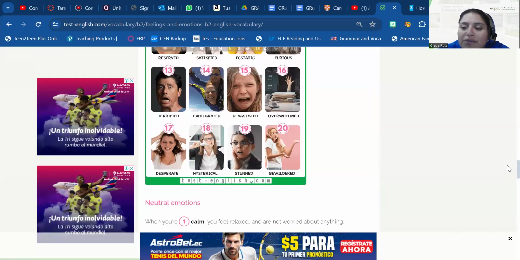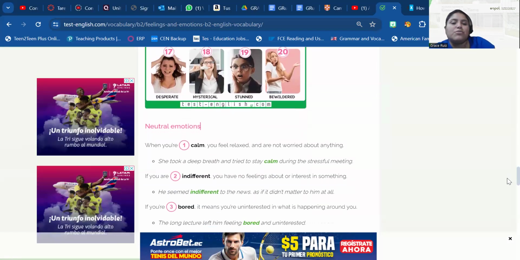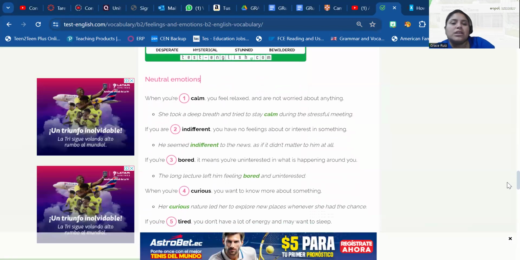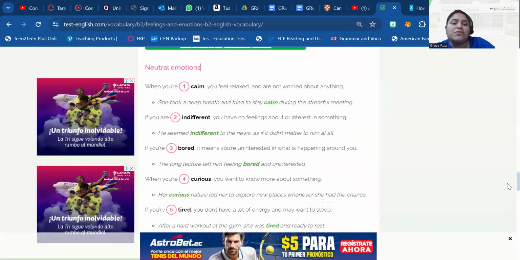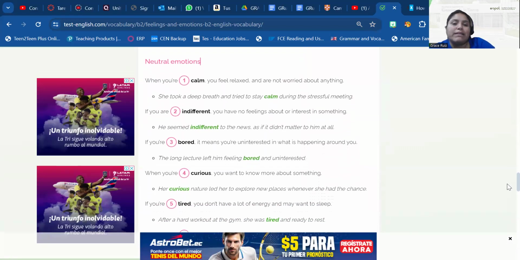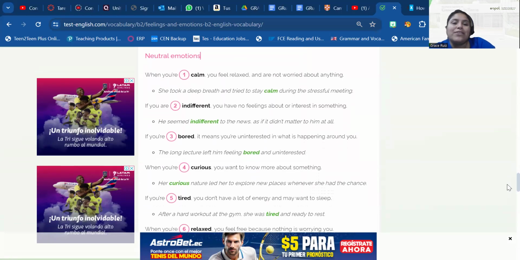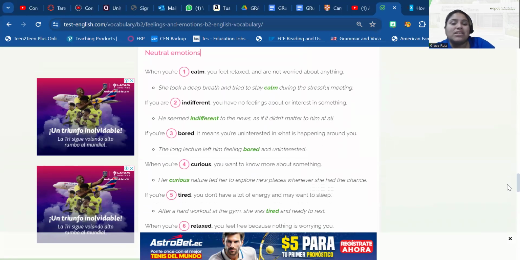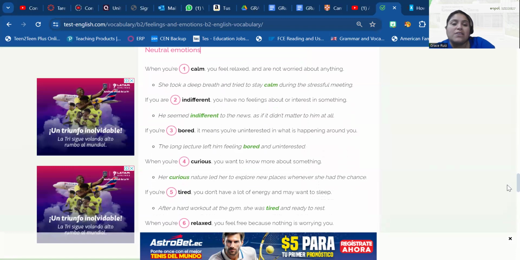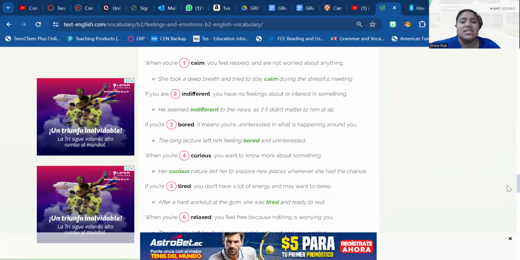So here we have some kind of guidance as far as these neutral emotions. When you're calm, for example, you feel relaxed and are not worried about anything. If you're indifferent, you have no feelings about or interest in something. If you're bored, it means you're uninterested in what is happening around you. When you feel curious, you want to know more about something.